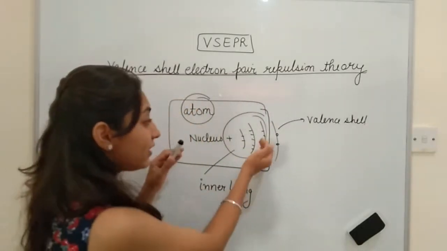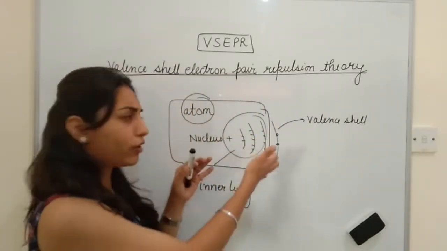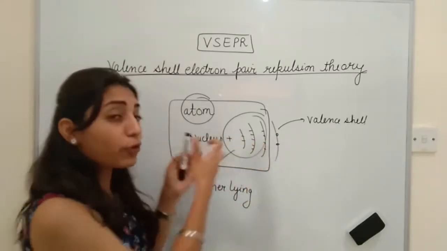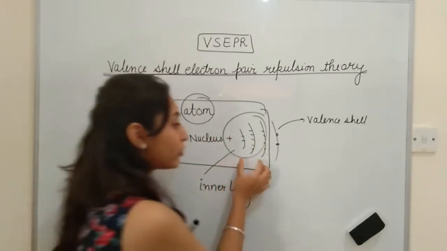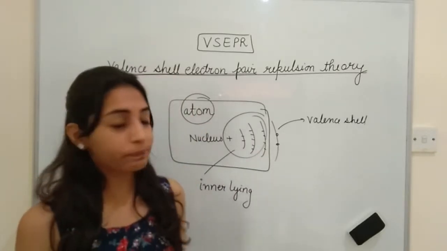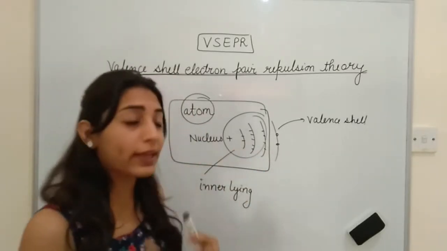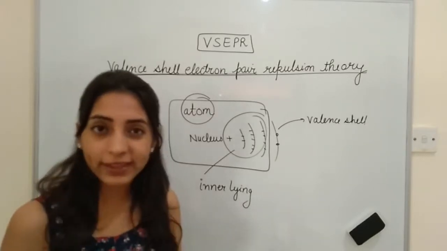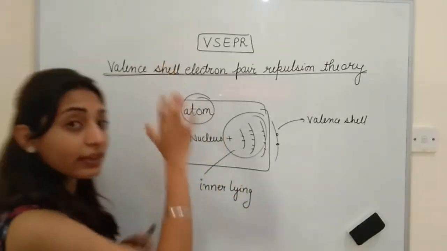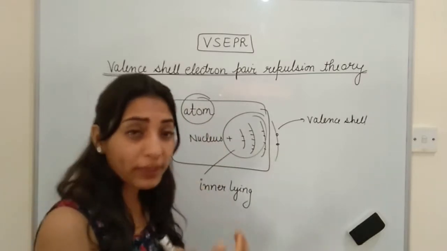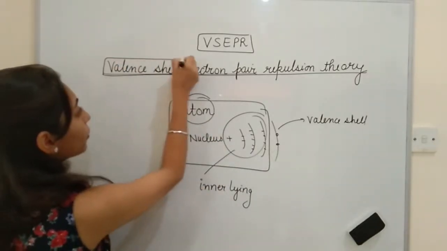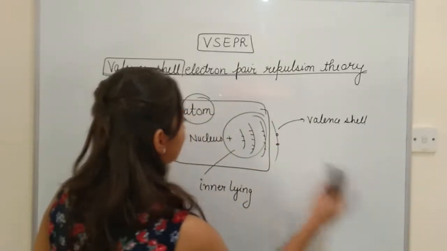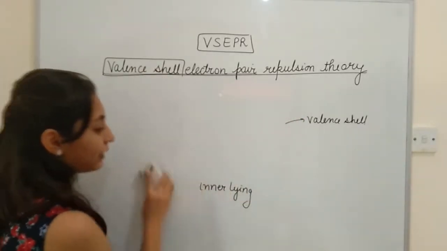Reason being, these are deeply seated electrons, they are more held together by the nucleus, so they are not free for bonding. Since they are not free for bonding, the atom will not use them for the bond formation, right? So this theory says that if the atom has to undergo bond formation, it will be using only the valence shell electrons. So these are the first two words of this particular theory.